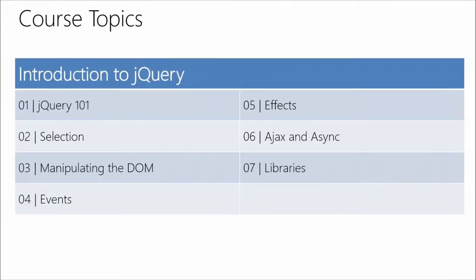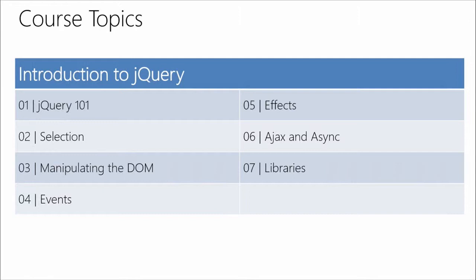So let's get a little bit of an overview of the day. Rachel, you want to help me with this one? Sure, of course. Starting out with the intro is our first module, where to get it, what it is, all that good stuff. Then we'll start with selection, which is the core pieces of working with jQuery. Then on to manipulating the DOM, an extension of the core parts.